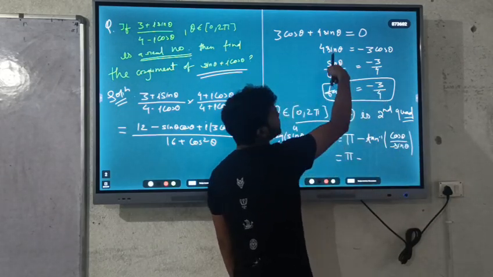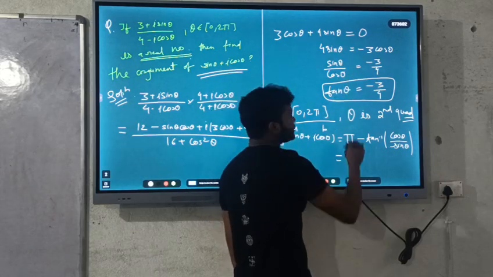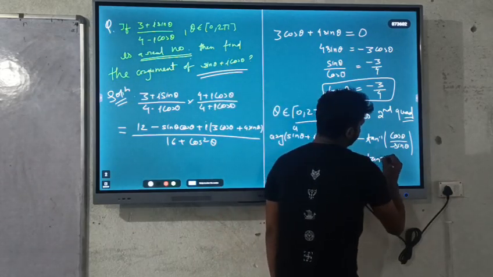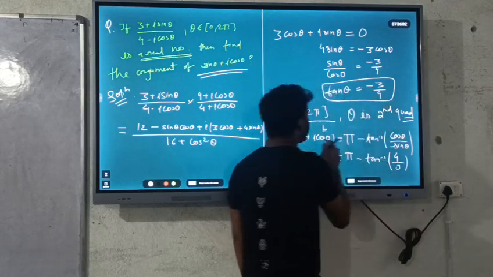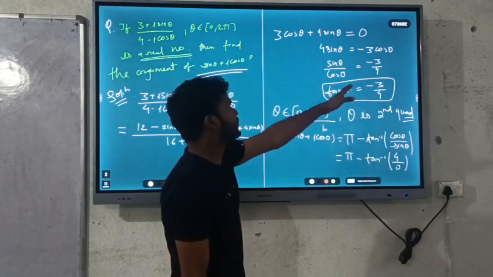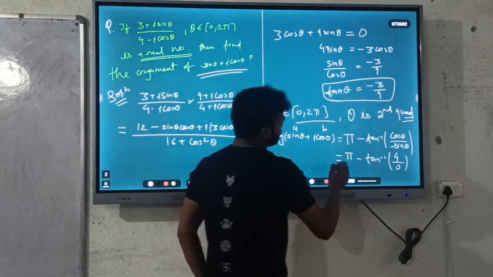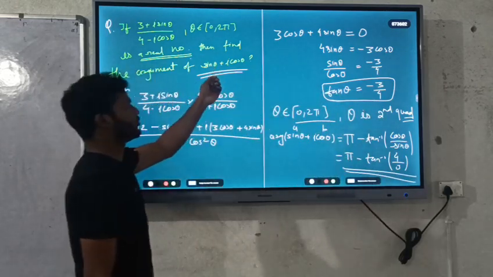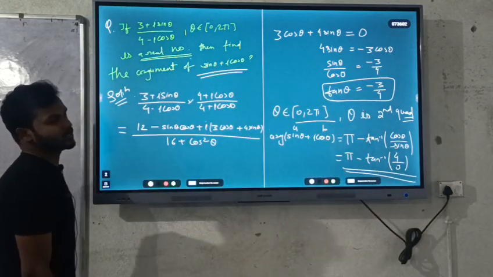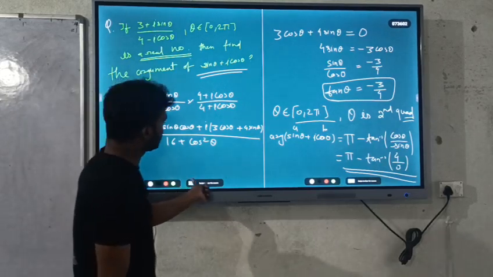To get this value, we get it from there, just reverse it. So we get 4 by 3. As you know, we take the length, we don't need to consider the sign. So this is my required argument value for this complex number sin theta plus i cos theta.